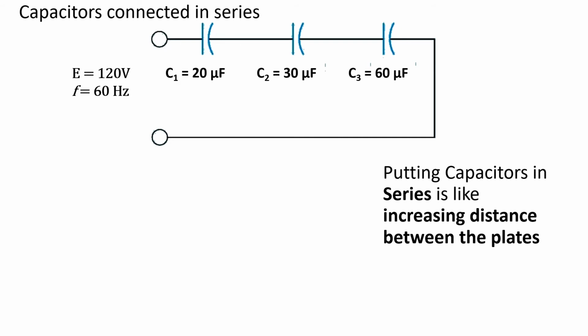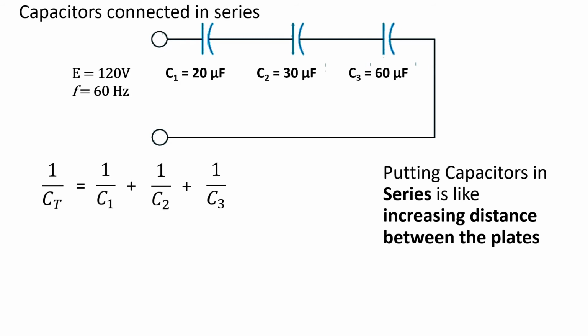So now there's a huge gap between those two plates, the left-hand plate of C1 and the right-hand plate of C3. So putting capacitors in series is like increasing the distance between the plates. As we mentioned before, that causes our overall capacitance to go down.